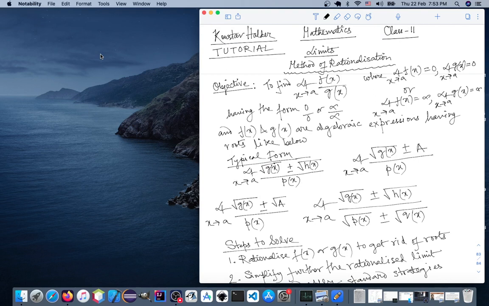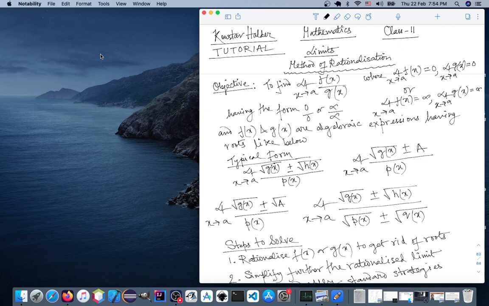So the form will be 0 by 0 or infinity by infinity, and f(x) and g(x) are algebraic expressions having roots. Either f(x) will have roots or g(x) will have roots or both will have roots. So the problems of this category typically have this form.